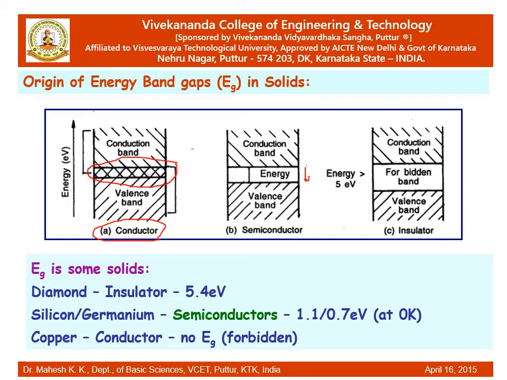That gap is around 1.1 to 0.7 eV, electron volt. And in the case of insulators, you have a very large energy band gap, which we call a forbidden energy band gap. In such cases, electron jumping is very difficult, and we call them insulators.